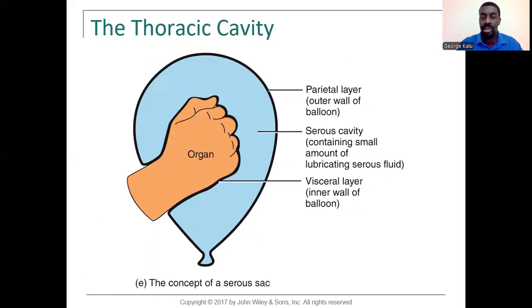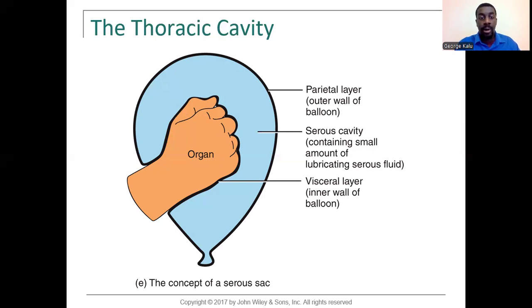So this is what I was talking about with the parietal and visceral layers all being one layer. The difference is just where you find it. Imagine taking a balloon, and the balloon represents the membrane. You shove your fist into that balloon.